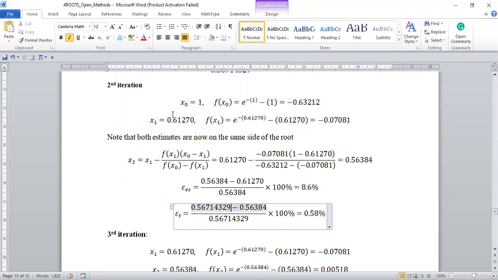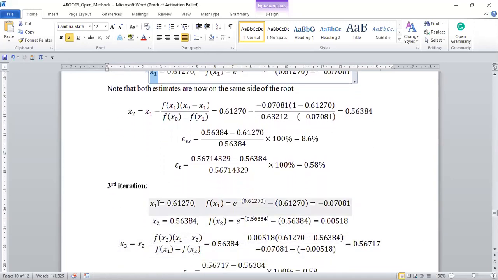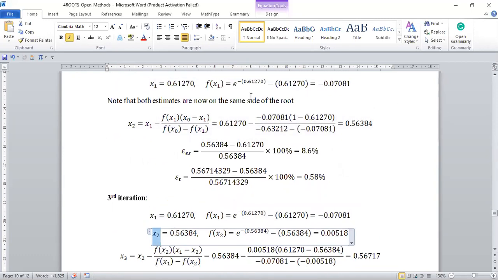In the next iteration, it is x1 and x2 now. So you know x1 from previously. We have x1 already, this is x1. Then x2, we calculated x2 here.